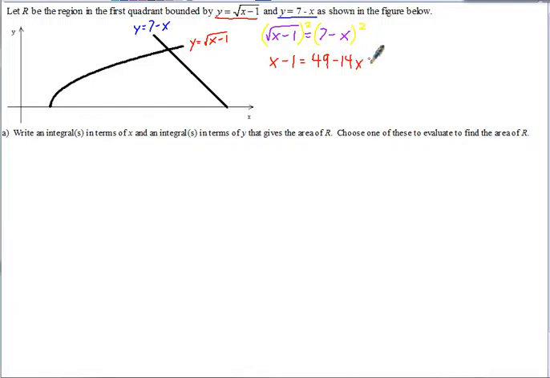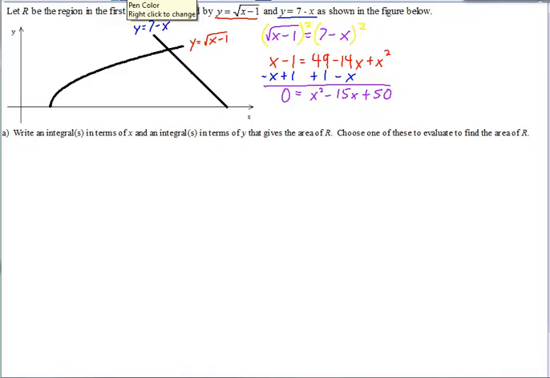Negative x and negative x gives you positive x squared. Then subtract the x, add the 1: 0 equals x squared minus 15x plus 50.